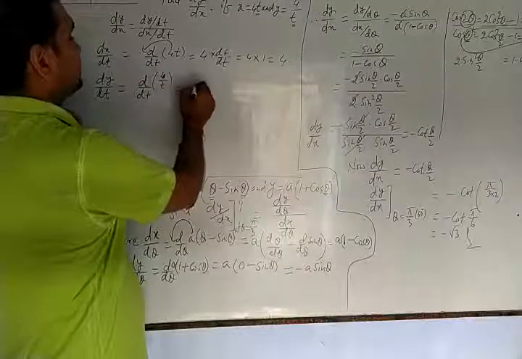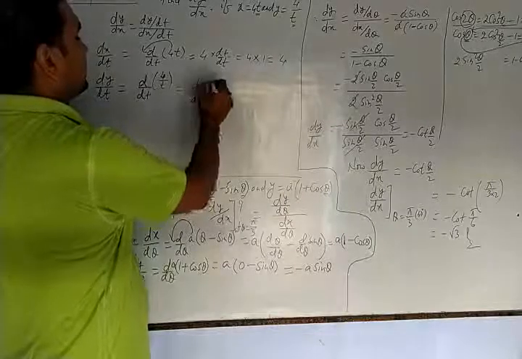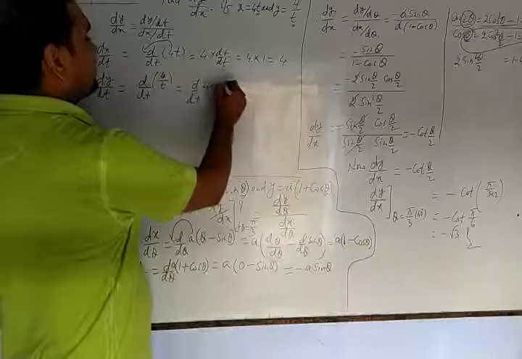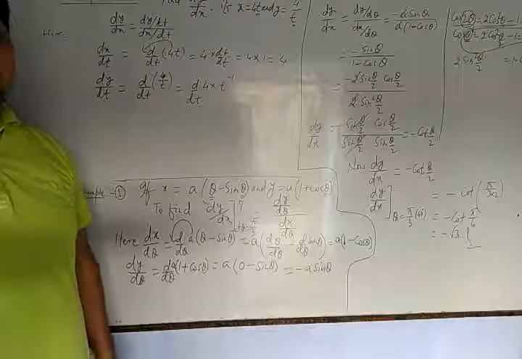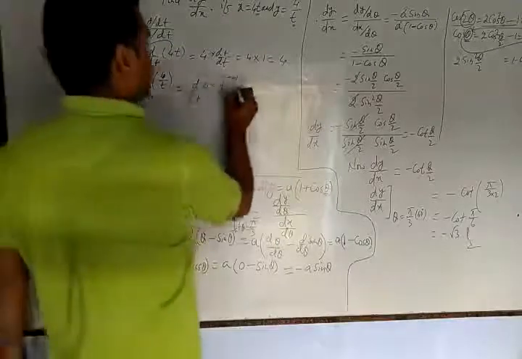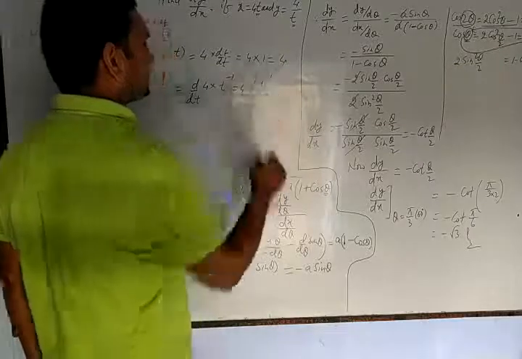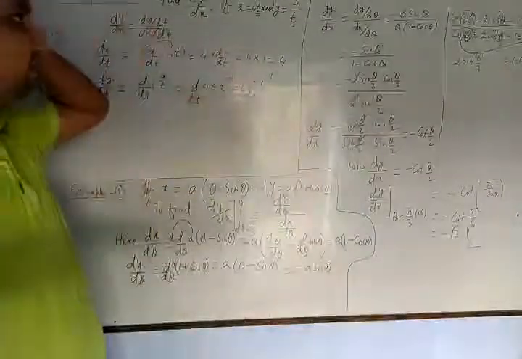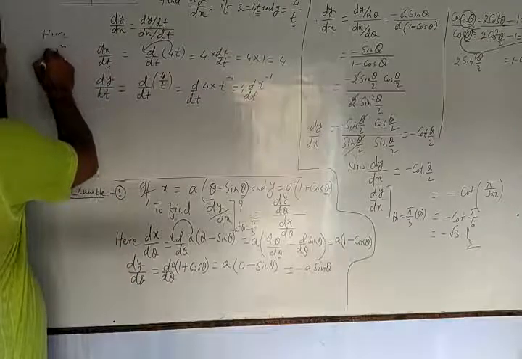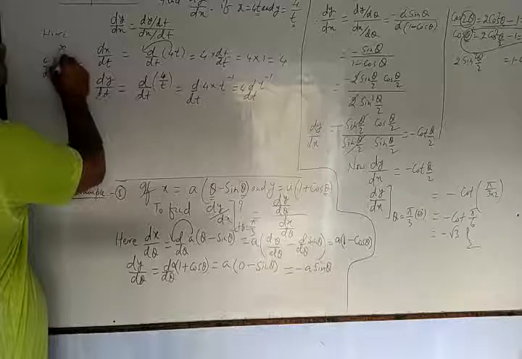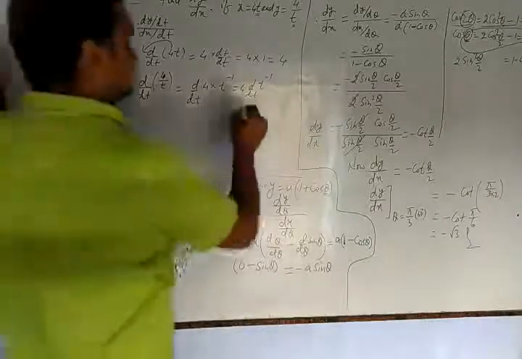So don't treat it in that way. You try to change it in the form of 4 into, look, 1 by t can be written as t to the power minus 1. Can we write? So that 4 will come here and d by dt of t to the power minus 1. So x to the power n's derivative with respect to x is written as n x to the power n minus 1. So what should be there?